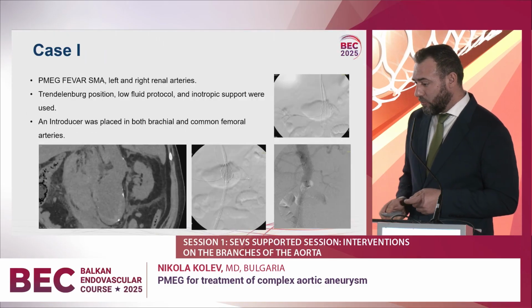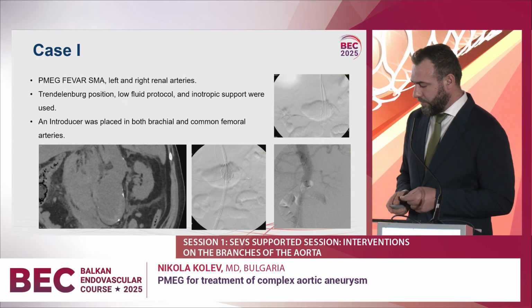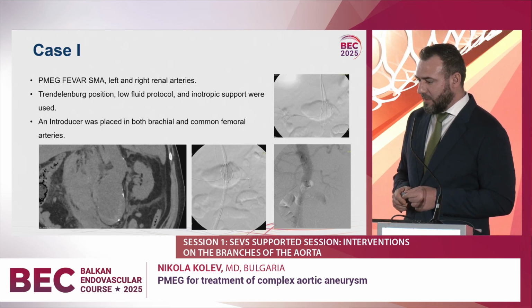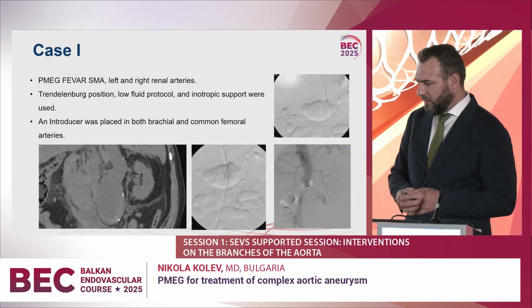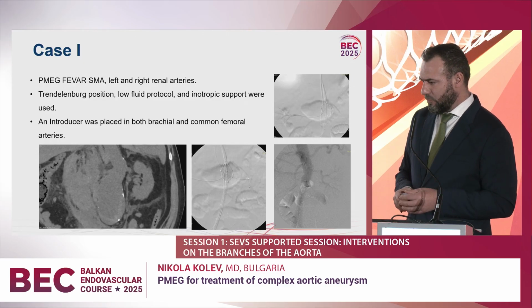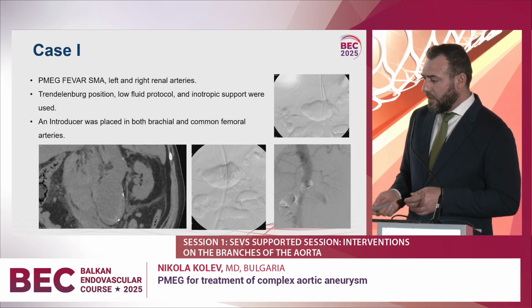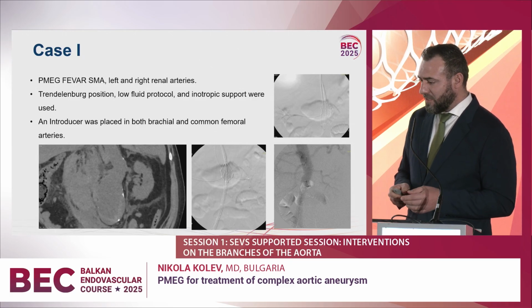So we did the measurements on the native CT. We did a triple fenestrated endograft, with all the maneuvers to cover the hemorrhagic shock, and a triple fenestration for the mesenteric and the 2 renal arteries.